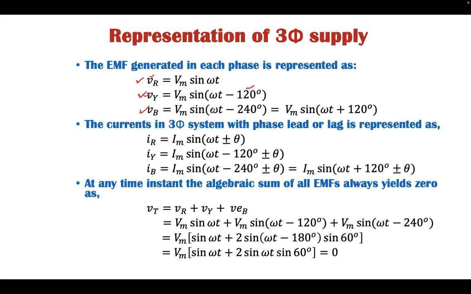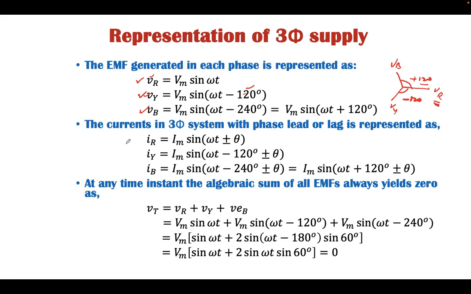Then we can say Vm sin omega t minus 240, or simply it can be written as Vm sin omega t plus 120. Here it is Vr, here it is Vy, here it is Vb. This is minus 120 behind, and this is anti-clockwise, and hence it is taken as plus 120 with respect to Vr.